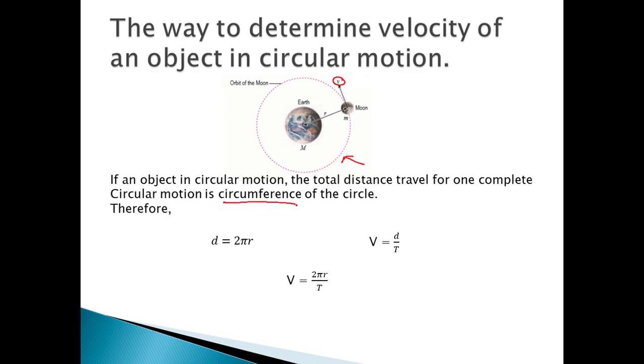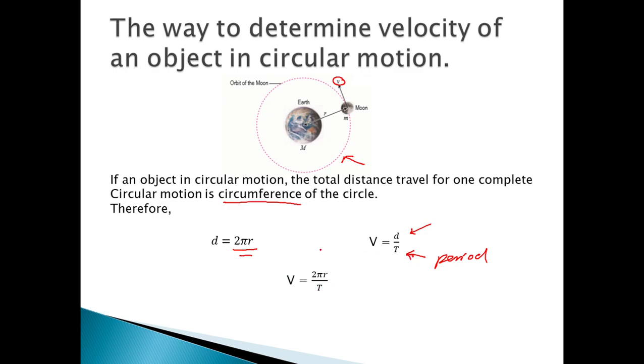To calculate the circumference of a circle, we use 2 pi r. And to calculate velocity, you use distance travelled divided by the time taken, or we call it the period, the time taken for one complete cycle. Remember all this must be in seconds; you cannot use days or minutes, all have to be changed to seconds.